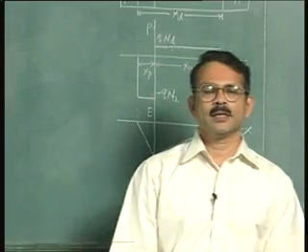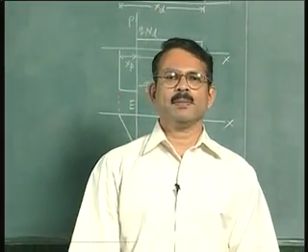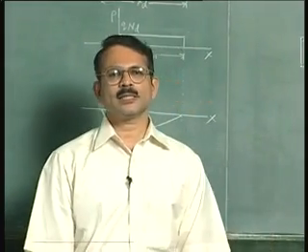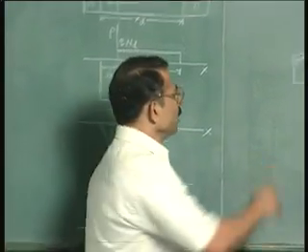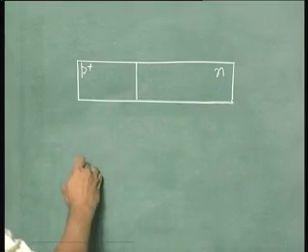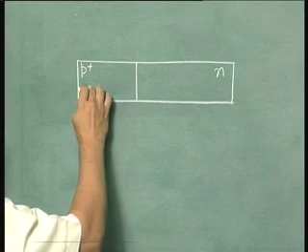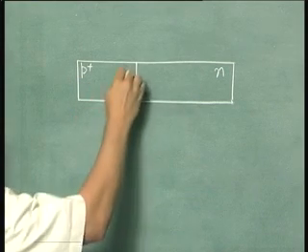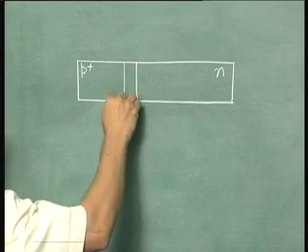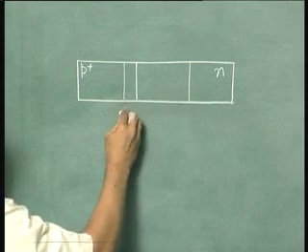Let us summarize the results of our equilibrium analysis. Our analysis has shown that a p-n junction like this can be separated into neutral and space charged regions. The width of the space charged region is xd.